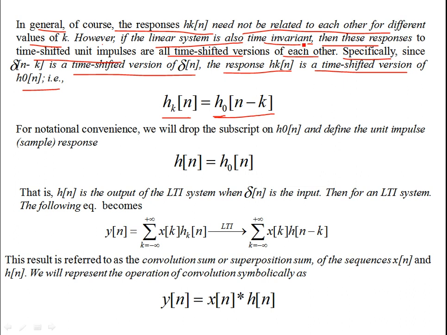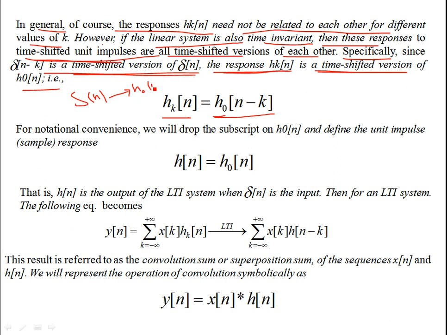So if the linear system is also time invariant, then these responses to time shifted unit impulses are all time shifted versions of each other. Specifically, since delta n minus k is a time shifted version of delta n, the response h_k of n is a time shifted version of h naught. So what it says is, when delta of n is applied, the output is what you are calling h naught of n.